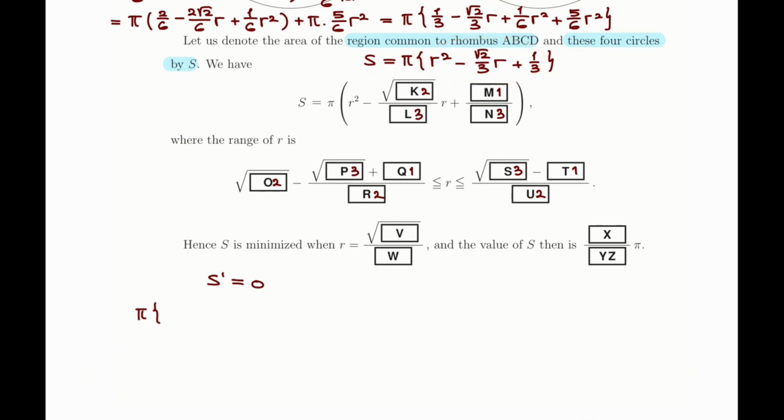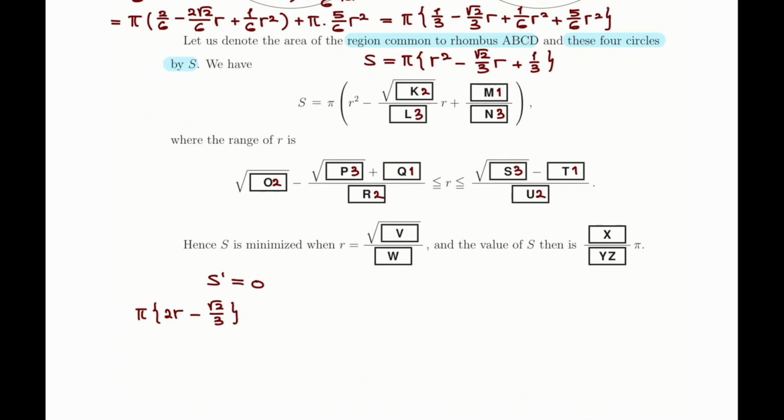The derivative of r squared is 2r. The derivative of square root of 2 over 3 r is square root of 2 over 3. And the derivative of 1 over 3 is 0.